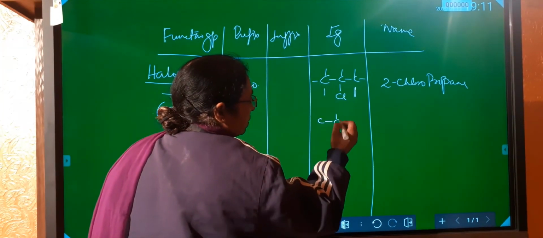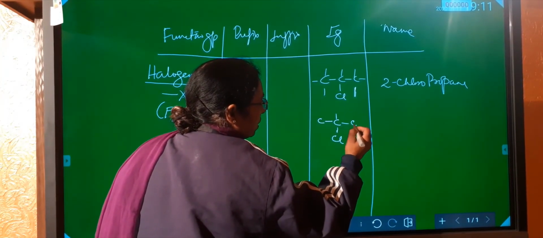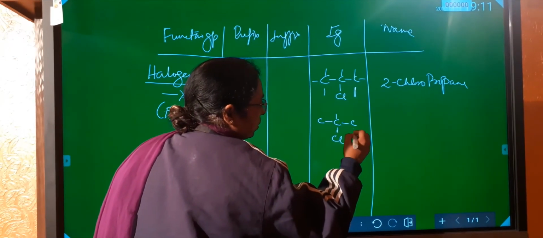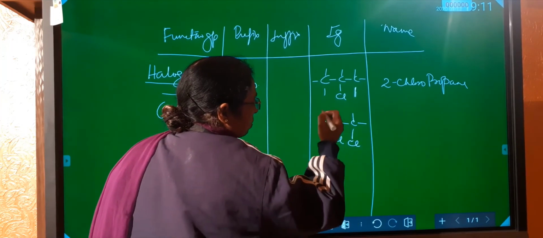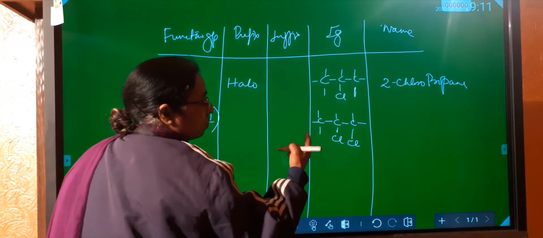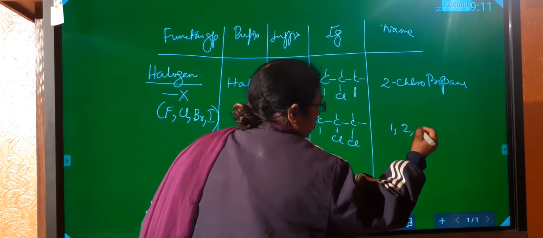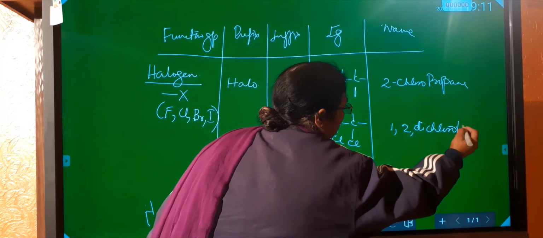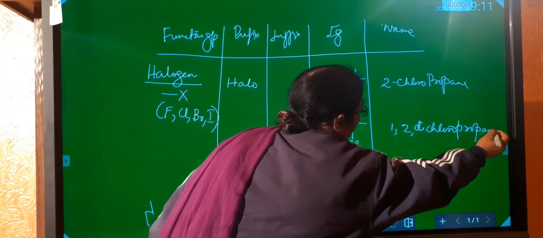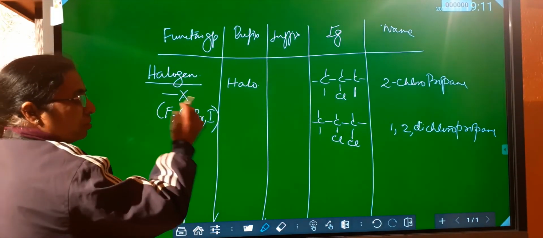Supposing I have one chlorine over here and another chlorine over here, the rest is all H. So over here what I will be writing is 1,2-dichloropropane. So this is about halogen.